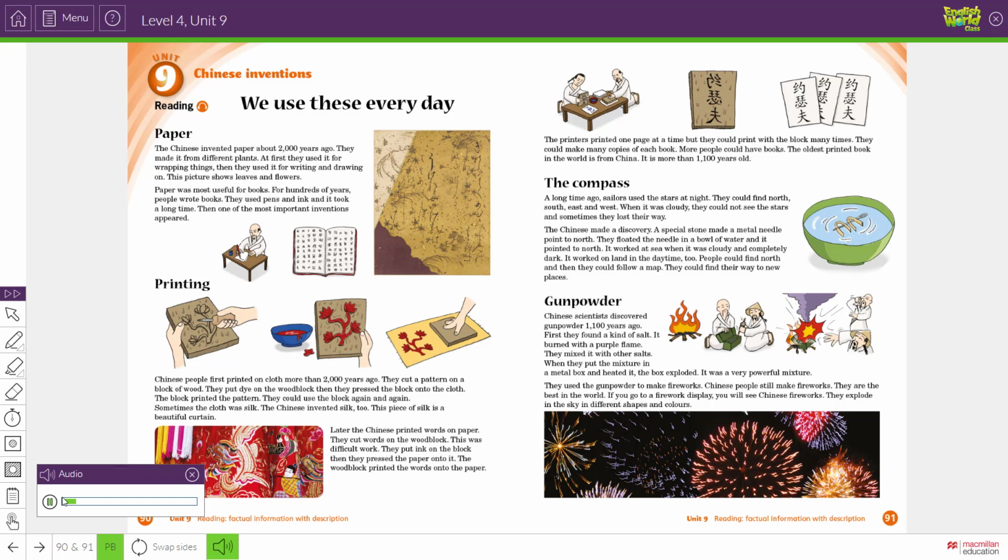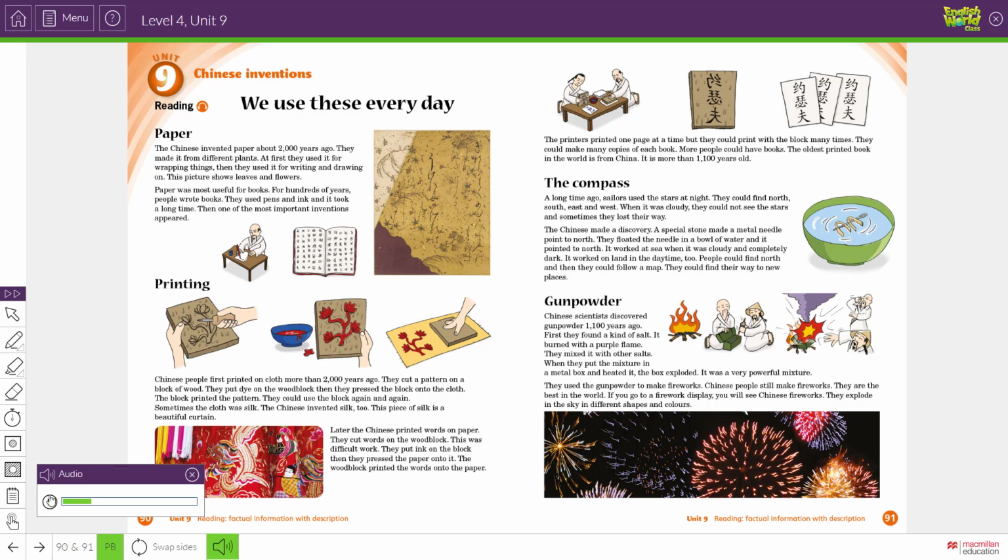Then, they used it for writing and drawing on. This picture shows leaves and flowers. Paper was most useful for books. For hundreds of years, people wrote books. They used pens and ink, and it took a long time. Then one of the most important inventions appeared.